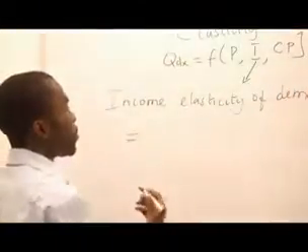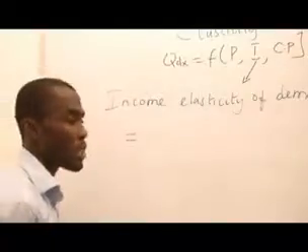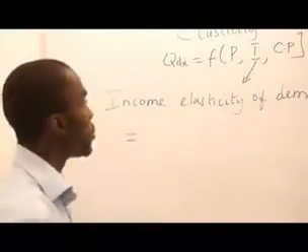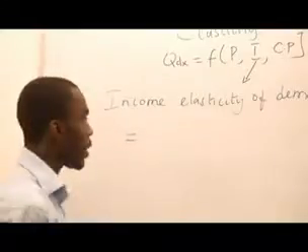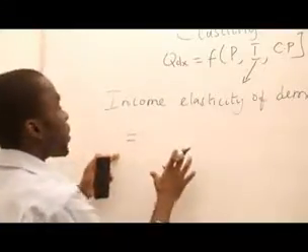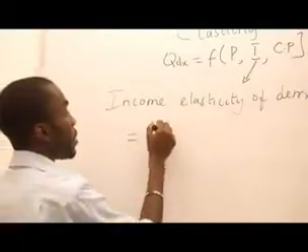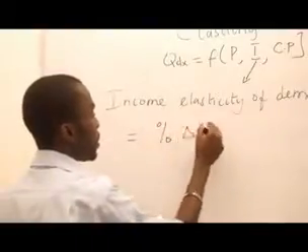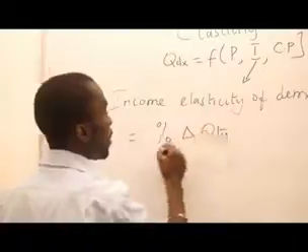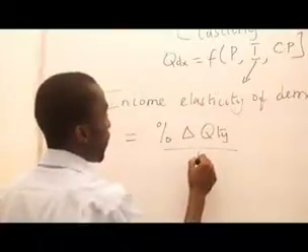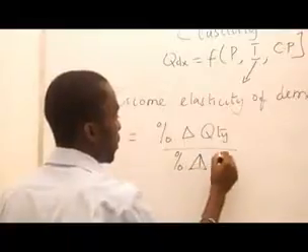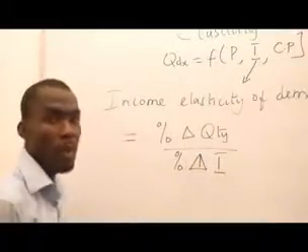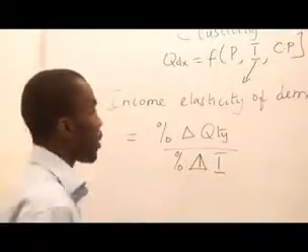And here it is the degree of responsiveness of quantity demanded to changes in the income of the consumer. And the mathematical way of looking at it is the percentage change in quantity divided by the percentage change in the income of the consumer.